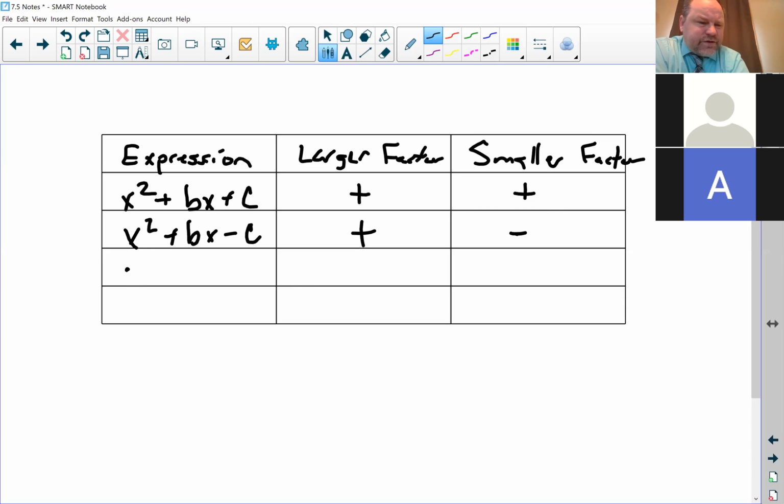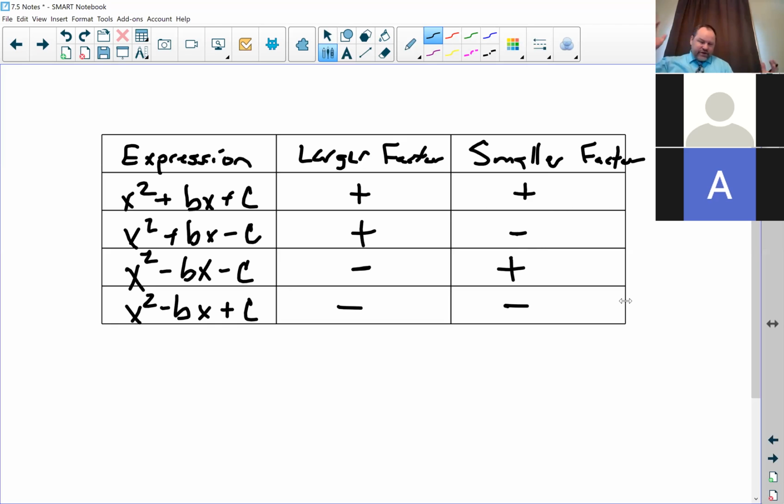If it's x squared minus bx minus c, it goes negative, positive. And if it's x squared minus bx plus c, it goes negative, negative. So that little chart might be something helpful to jot down in your notes, just to help you out as you're working through problems. Oh, it's in this form, so I've got to have one positive, one negative, or however you want to use that.